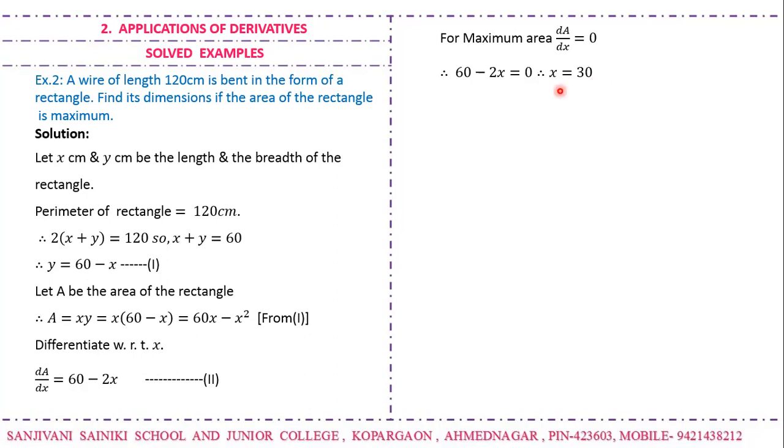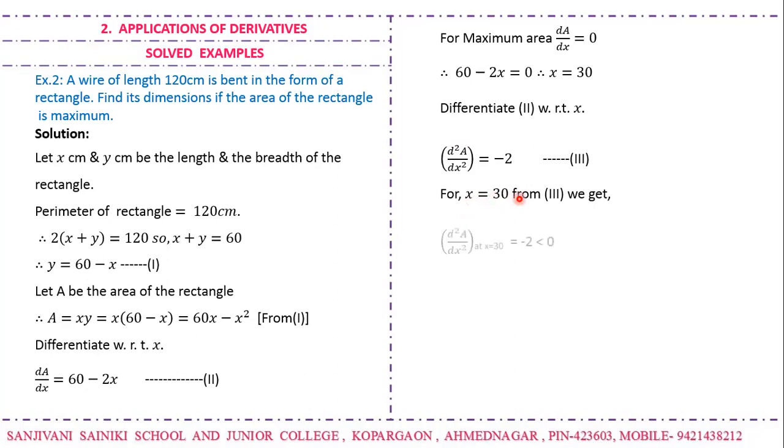Now we check the sign of the second derivative at this point. Differentiating with respect to x, d2A/dx^2 comes out to be -2, because the derivative of 60 is 0. So the second derivative is less than 0 for x = 30. Hence, at x = 30, the function has a maximum value.